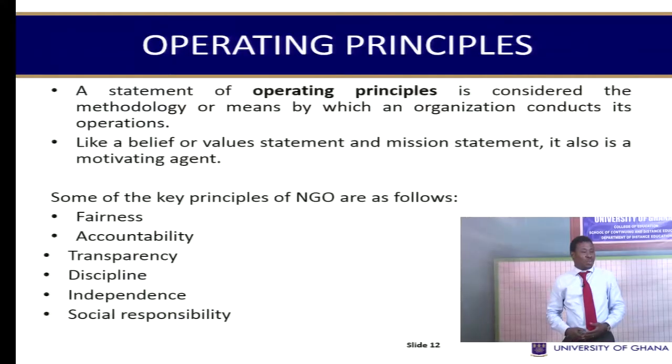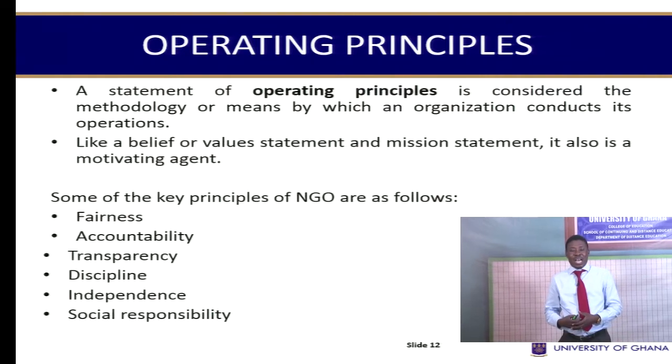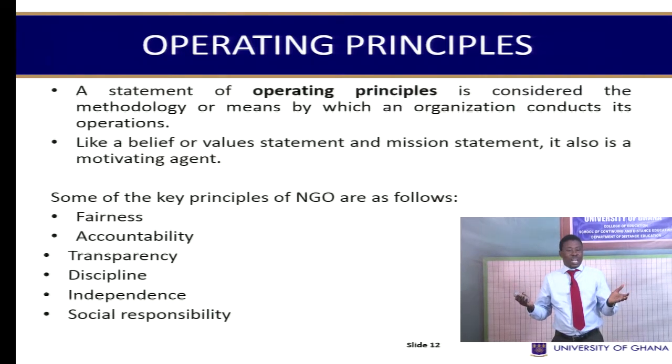So you will see that organizations will usually go ahead to try and say that because they are fair, when they do their work, they want to be fair to the people they deal with. When organizations say their service is to humanity, when they do their work, they want to show accountability, they want to show transparency, they want to be disciplined, they don't want to waste resources, they want to make sure that they have value for money.